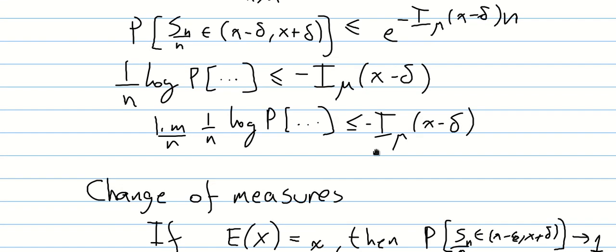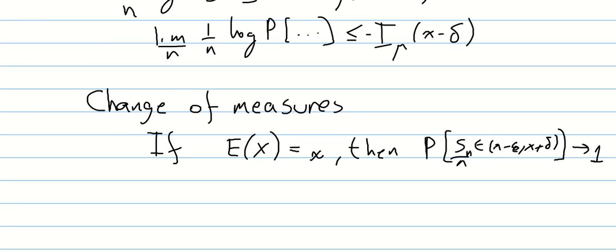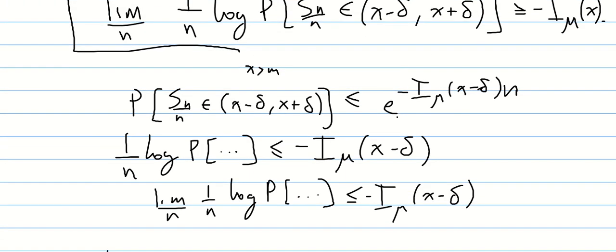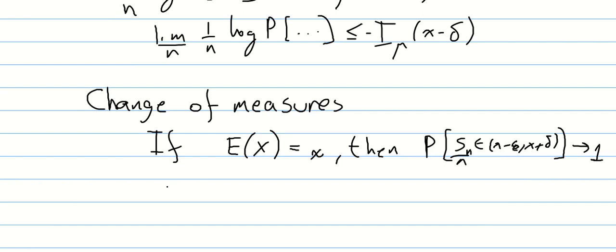So if the expectation of x is not this, which is usually not the case, we change x to y. We change the measure mu to some new measure, and change the variable x to y, such that the expectation of y is indeed x. So you now have the lower bound, and you have to calculate what's the cost of pretending that you had a different measure.